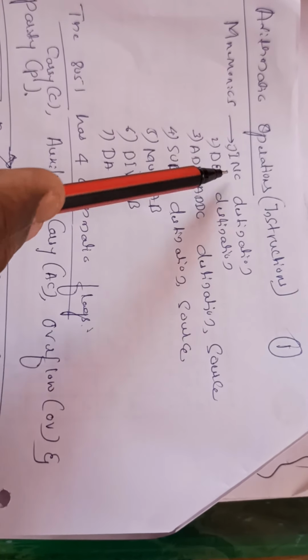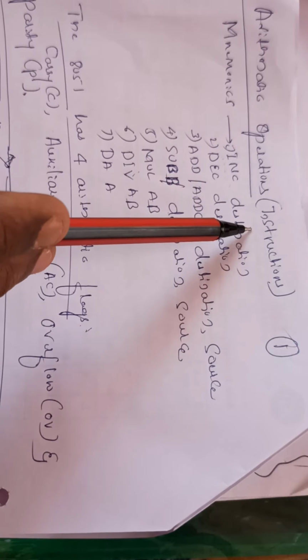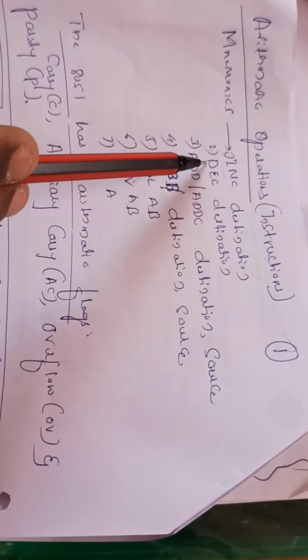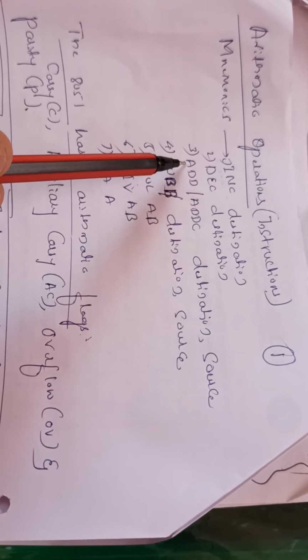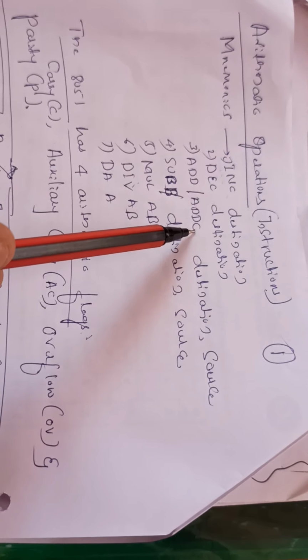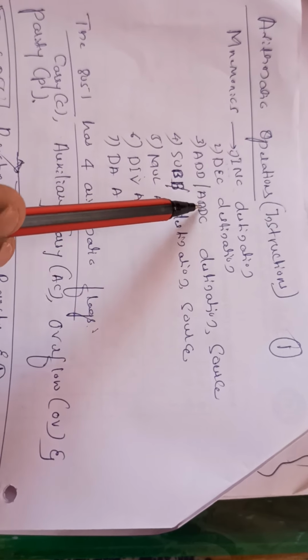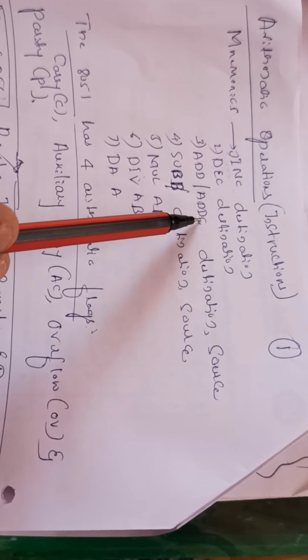Those are here the INC, this is also an instruction. It means increment. DEC, this is a decrement. And here the ADD, addition, next ADDC, addition with carry. So the ADD is slightly different from the ADDC. This is the addition, this is addition with carry.